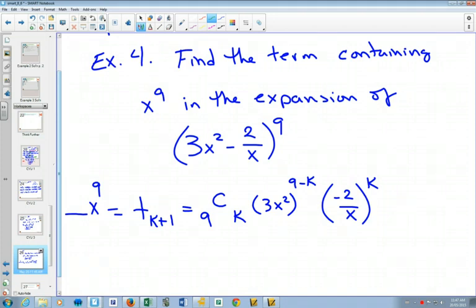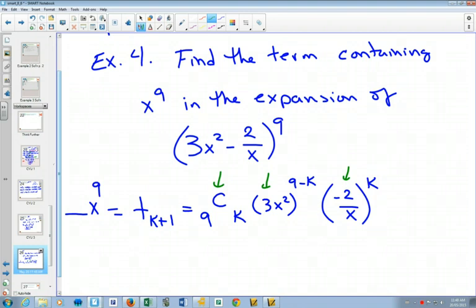Can you see that this 9 choose k is going to be a number? We're going to temporarily just ignore that. Same thing with this 3. That's going to affect the number in front. We're going to ignore that. And we're also going to ignore this negative 2. We're just going to look at the x's.